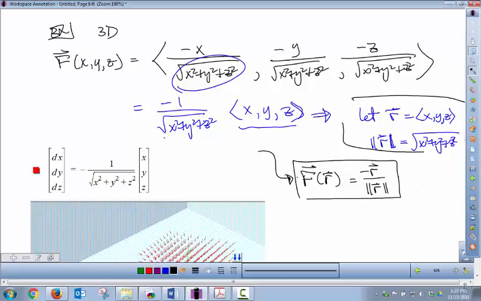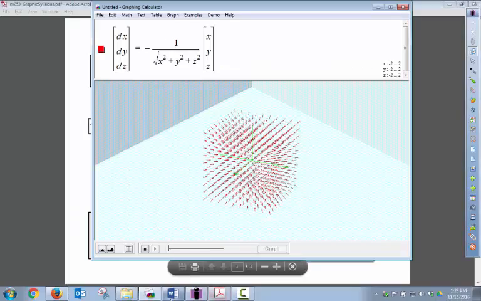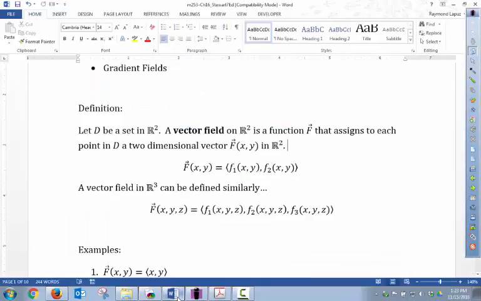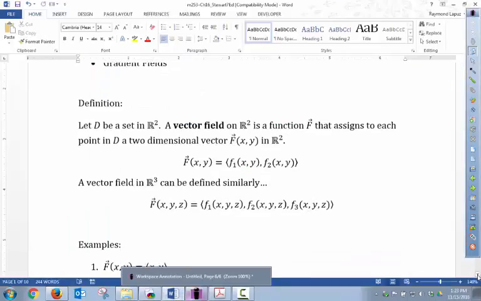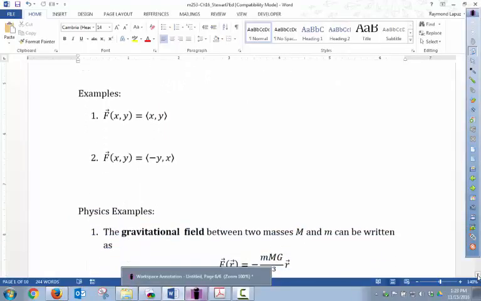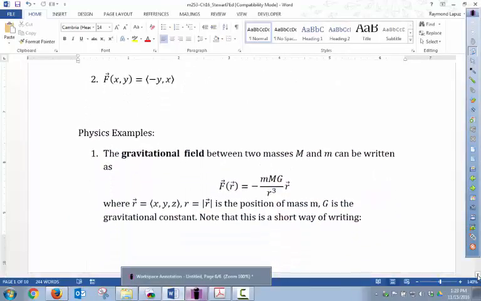All right. There is a special type of vector field that we're going to discuss today. Oh, here's a gravitational field. It looks something like this.